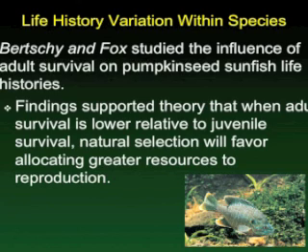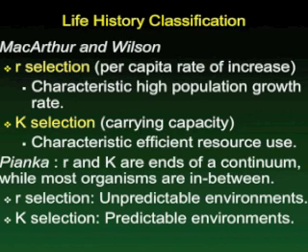So if we think about the life history information that we've talked about so far, and we relate that back to what we learned about population growth in the last chapter, we can classify, as MacArthur and Wilson did, animals and even plants into a couple of major groups, the r-selected and the K-selected species.